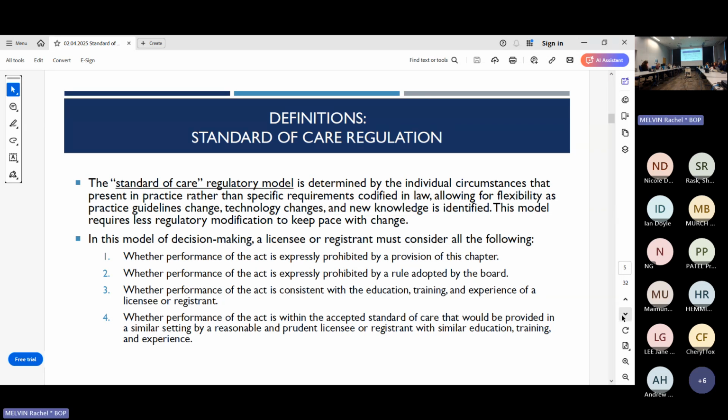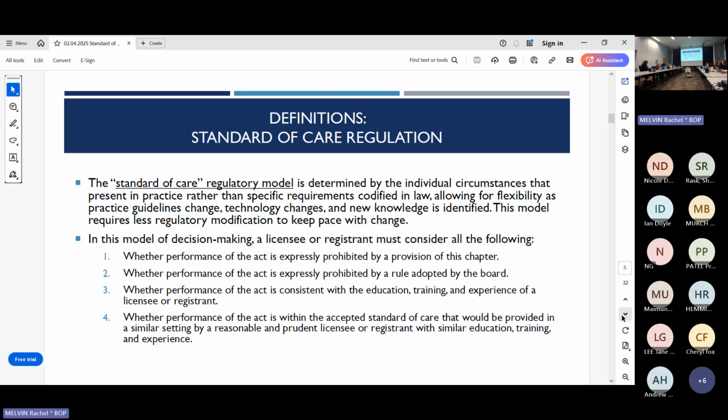So these are going to guide the decision-making process: whether the performance of the act is expressly prohibited by provision of rules or in the chapter, whether it's prohibited by rule adopted by the board, whether it is consistent with the education, training, and experience. You'll hear that quite a bit. Education, training, and experience of the licensee or registrant.